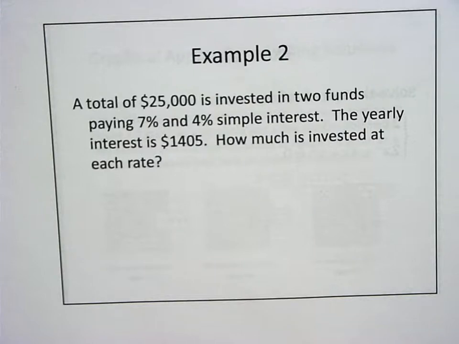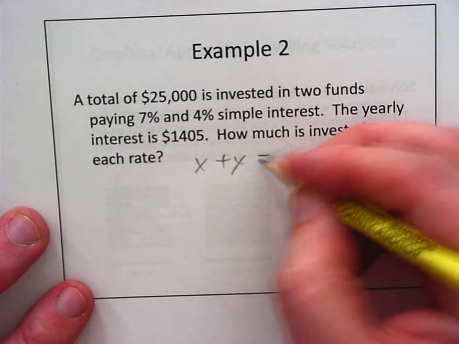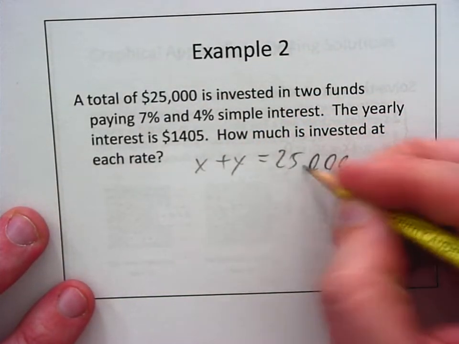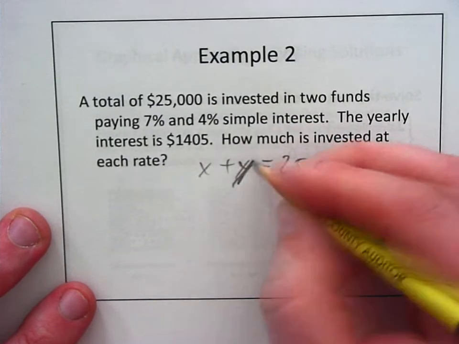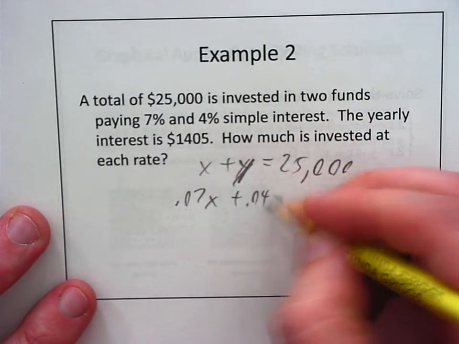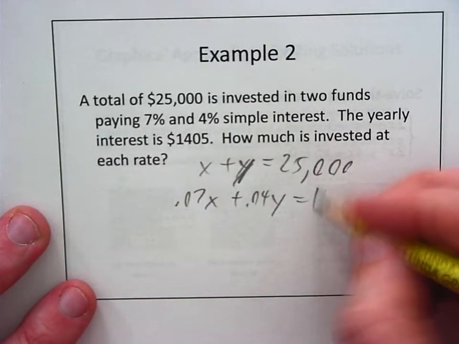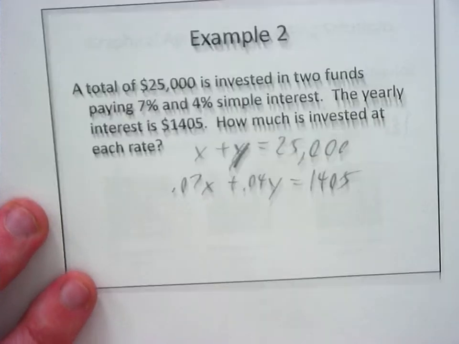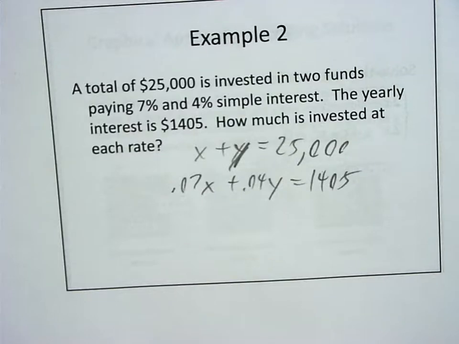So, if I want to write some equations for this, where would I start? X plus y equals 25,000. Yeah, x plus y equals 25 grand. Then what? 0.07x plus 0.04y equals your interest. Then what? Substitution.